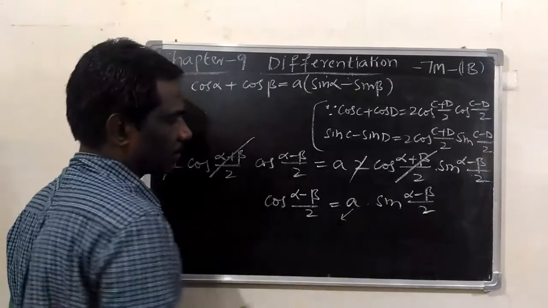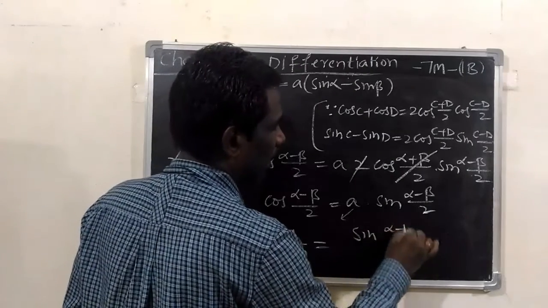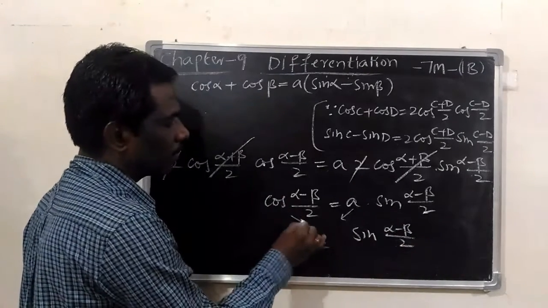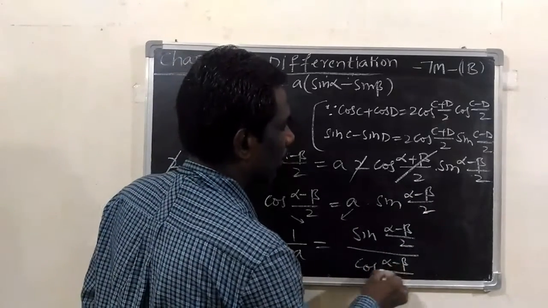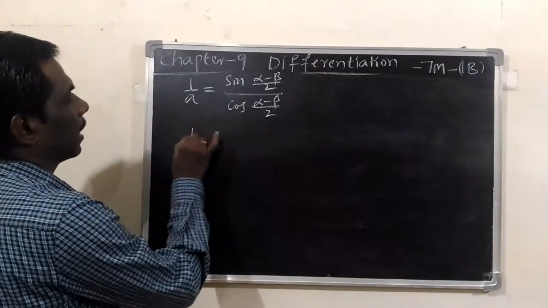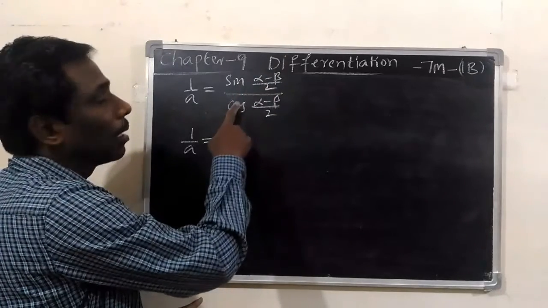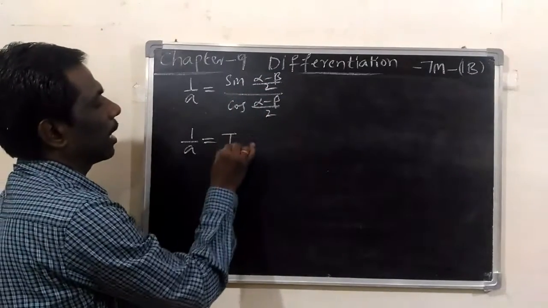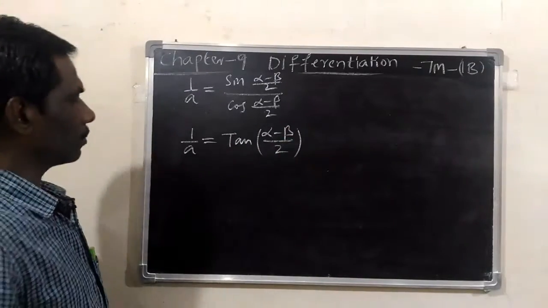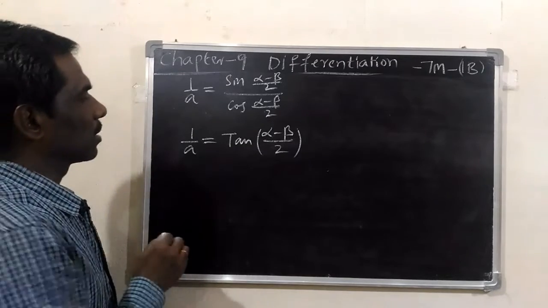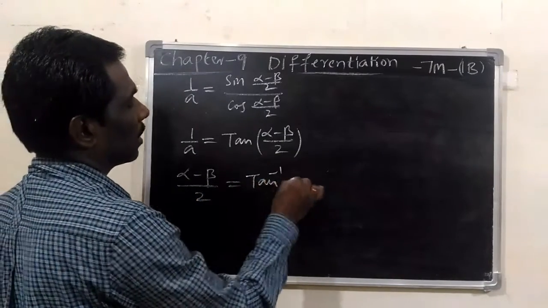Then take this a to this side, that becomes 1/a = sin((α − β)/2) divided by cos((α − β)/2), which we can write as tan((α − β)/2). So (α − β)/2 = tan⁻¹(1/a).